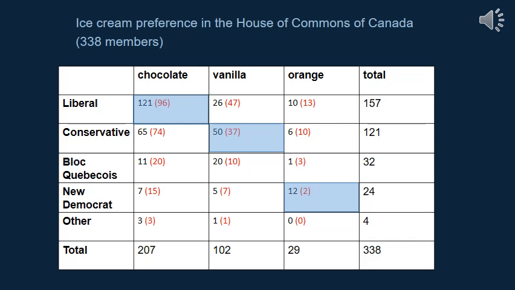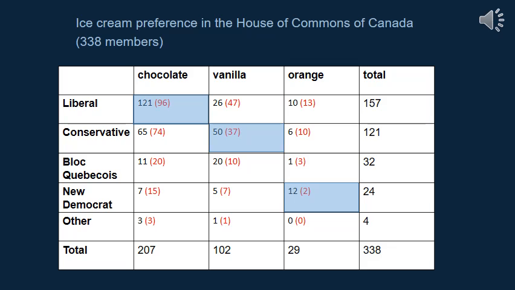Here in my table, my expected counts are in red in each cell. Let's take the cell in the upper left of the table, the liberals with chocolate as ice cream preference. If I want to find the expected count for that cell, I will use these numbers. I take the total of the row, 157.